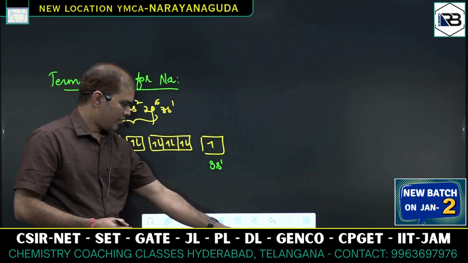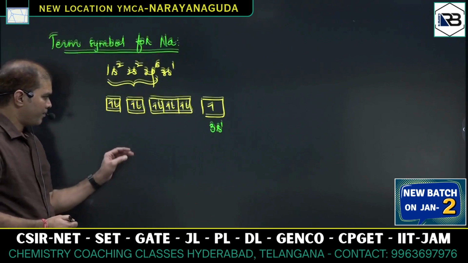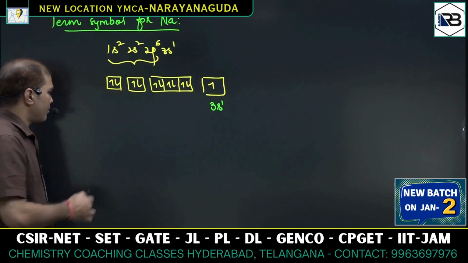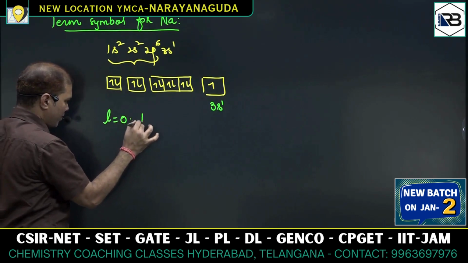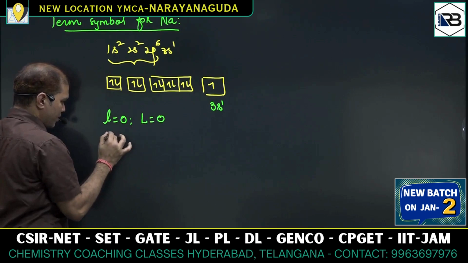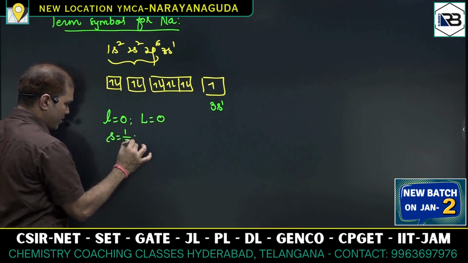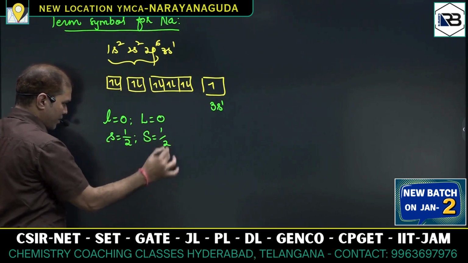Now let us derive the term symbol for 3s1. Since the orbital angular momentum value is 0, the total orbital angular momentum also becomes 0. Spin of one electron is 1 by 2, which is also the total spin, 1 by 2.